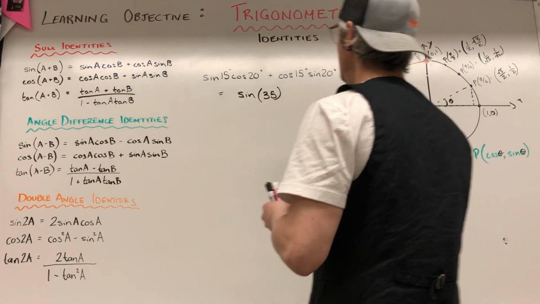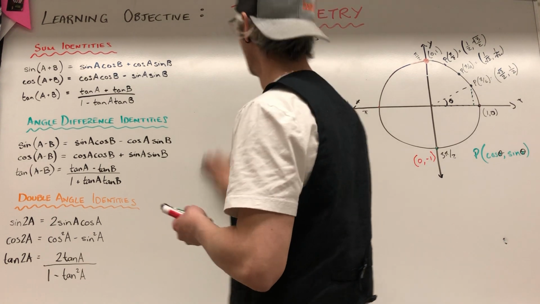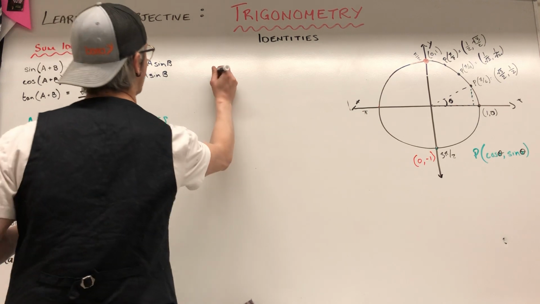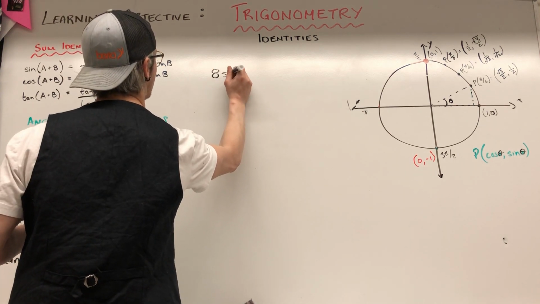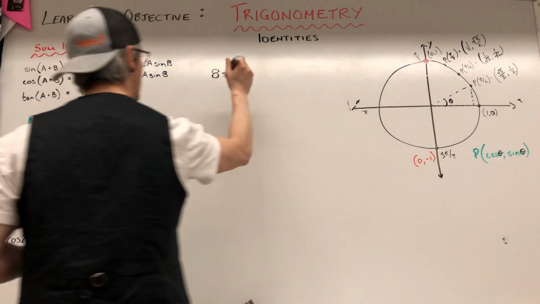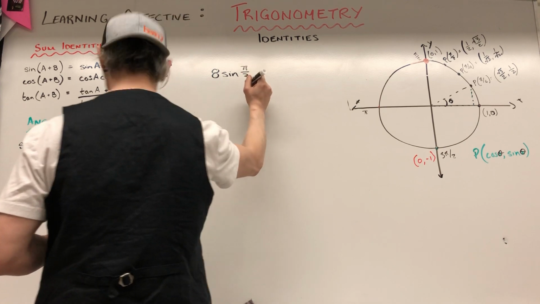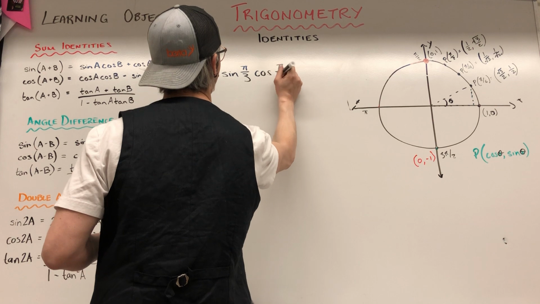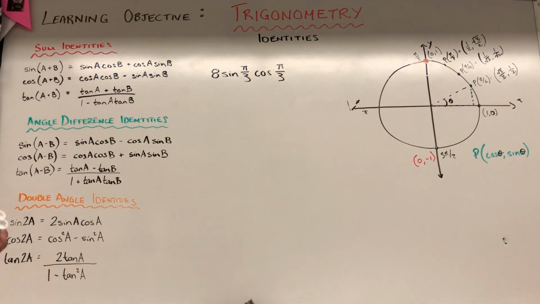If I go down to E, I've got 8 sine of pi over 3 cos of pi over 3. So I have sine A cos A, and I've got a 2 in front.